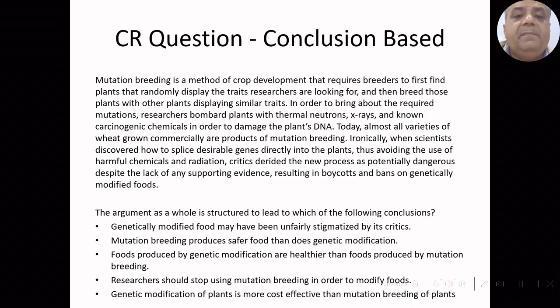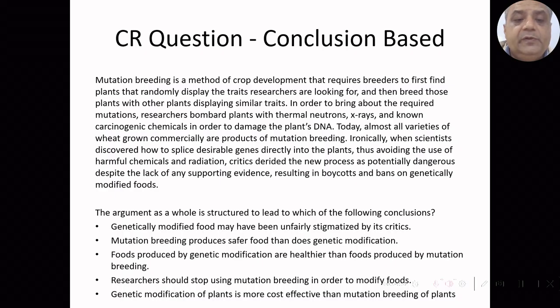This is completely the opposite, because there is no such indication that mutation breeding produces safer food. As we have already seen in the stimulus, it says that researchers bombard plants with thermal neutrons, X-rays, and known carcinogenic chemicals in order to damage the plant's DNA. So obviously there is no indication that mutation breeding is safer, so this option has to be eliminated.